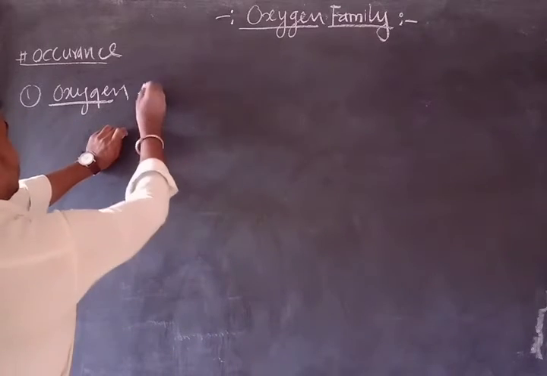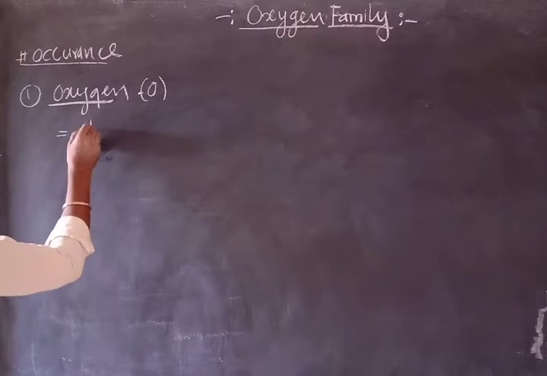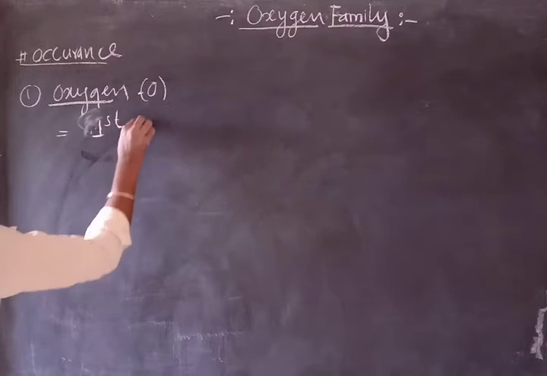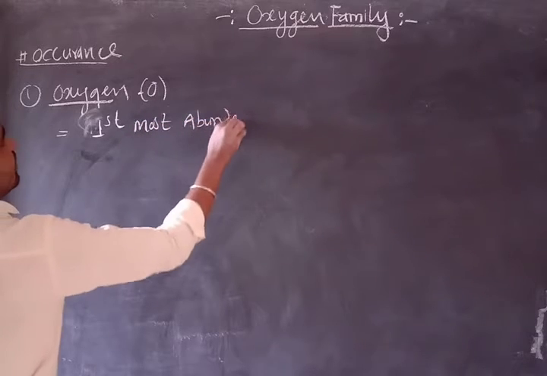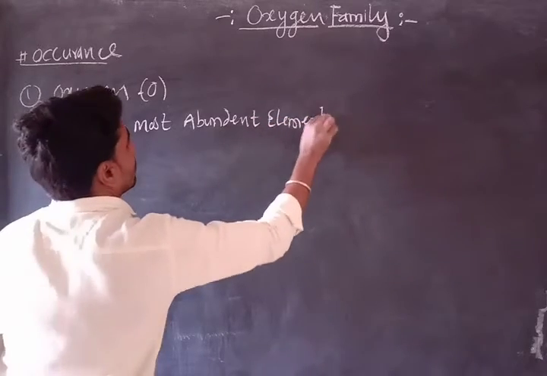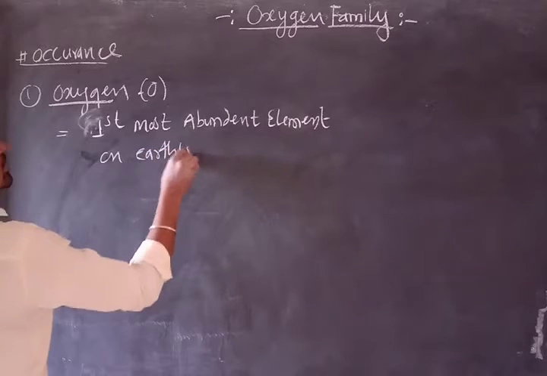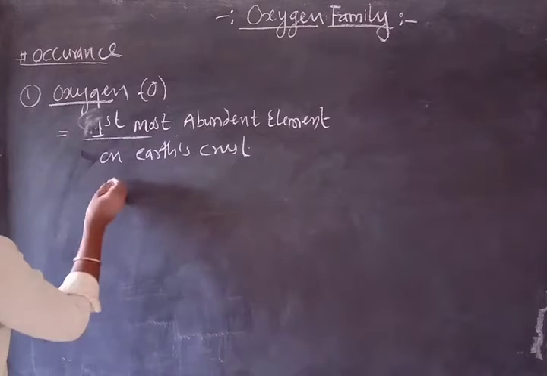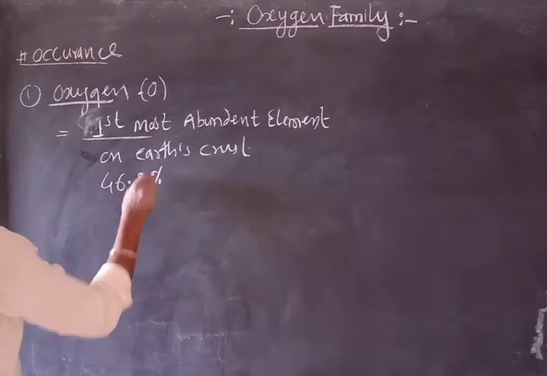The most important thing is that it is the first most abundant element on Earth's crust, with a percentage of about 46.8%.